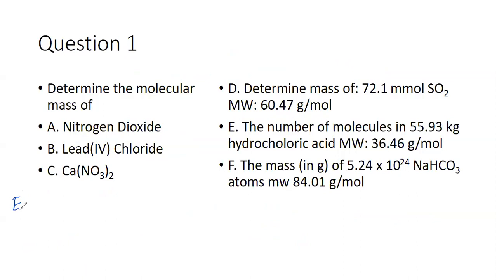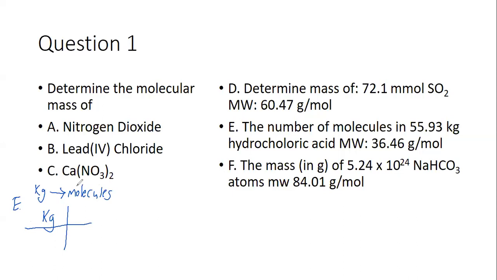One good thing to do before you put in any numbers is just figure out what the conversion is going to be. So I know overall I want to go from kilograms to molecules. So I'm going to set up my train tracks and just, without any numbers, just figure out what's going to happen. So I start in kilograms, which is a weight.